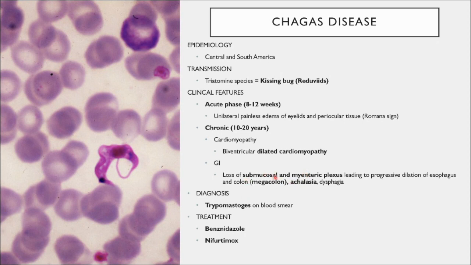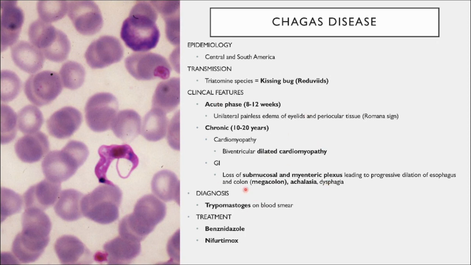And then megacolon is the same kind of situation, but in the colon, where now you've lost the special neurons that help maintain the colon tone to move feces along. And so these folks will get really swollen colons and stool buildup, and then they get super infected with bacteria and they get really sick.